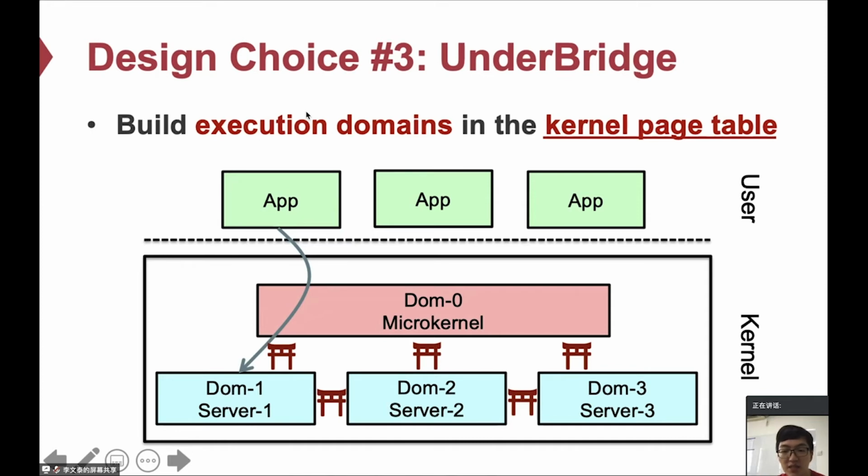However, marking kernel memory as user accessible enables unprivileged user space applications to access kernel memory directly. So UnderBridge makes the kernel use a separate page table.